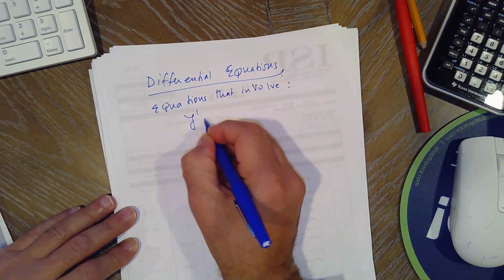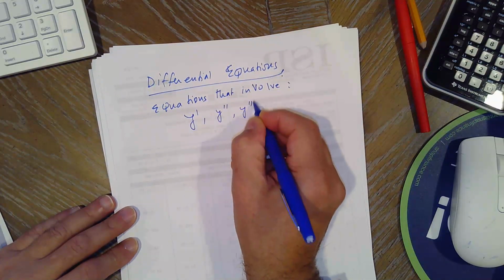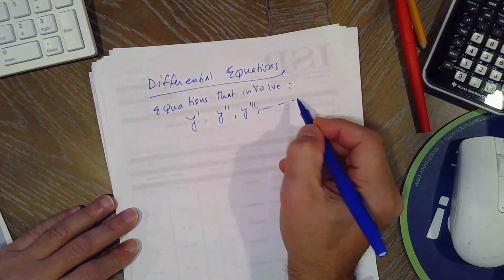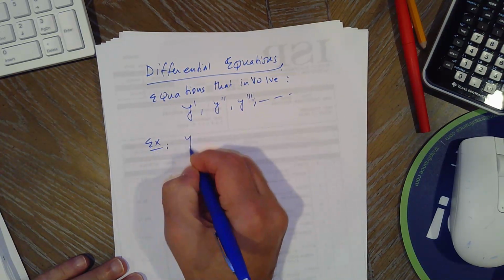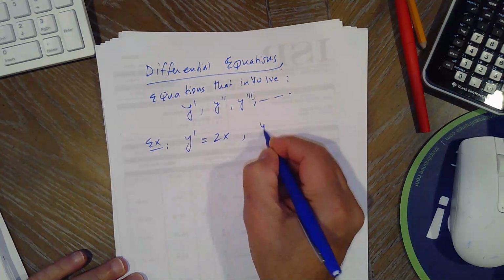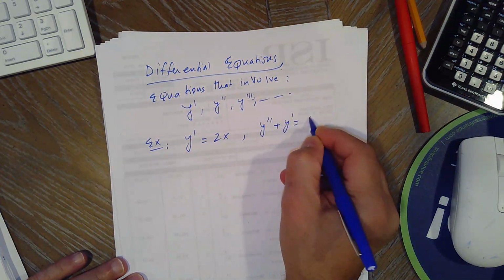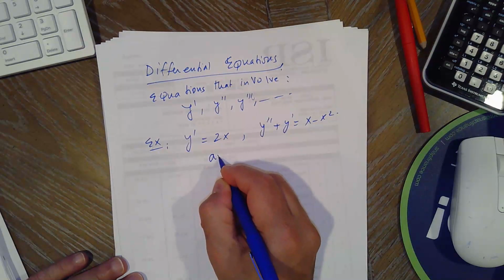Okay, it could be first derivative, second derivative, or combination of them. Okay, so an equation that has any derivative in them is called a differential equation. For example, y prime equals 2x, y double prime plus y prime equals x minus x squared, and so on.